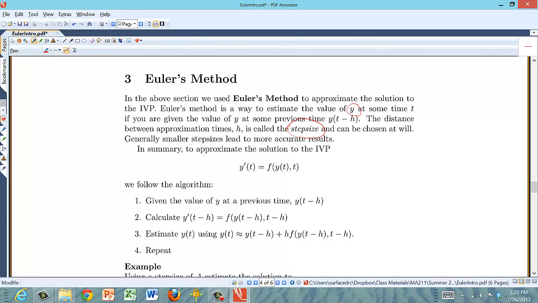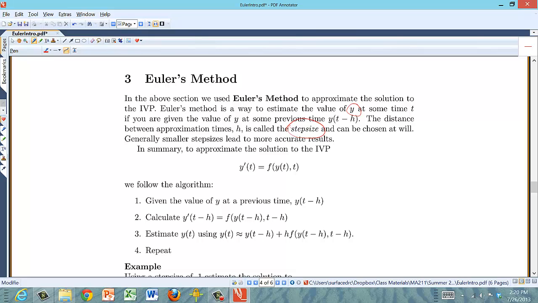If you want to estimate y at time 1 and you use step sizes of 0.2, then you'll only need to do 5 estimates. If you use a step size of 0.1, you'll need to do 10 estimates, and if you use step sizes of 1/100th, you'd need to do 100 estimates to finally get your approximation to y at time 1.